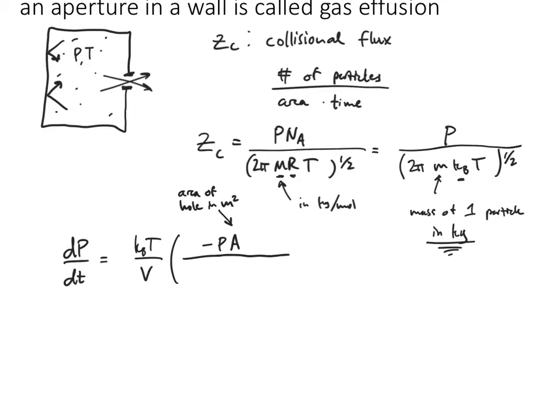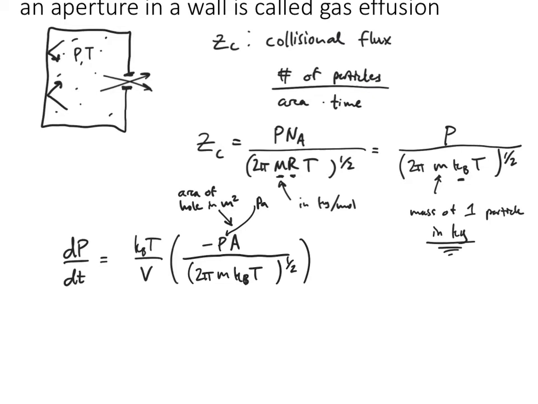So make sure that you're using the right units here. And also make sure that for pressure, you're using pascals. It's very particular about which units we're using for this problem. All of this times (2 pi m kBT) to the 1/2 power, okay?